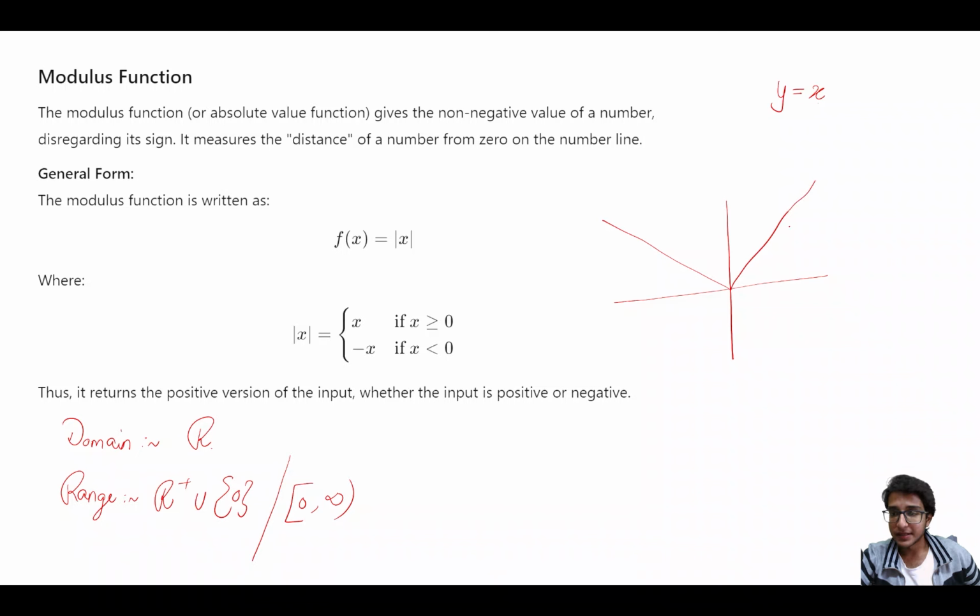So basically, if I was to write down the equation for this line, it would be y equals x, and for this line, it would be y equals minus x. As you can see from these equations here, it is x when x is greater than or equal to 0, and it is minus x when x is less than 0.